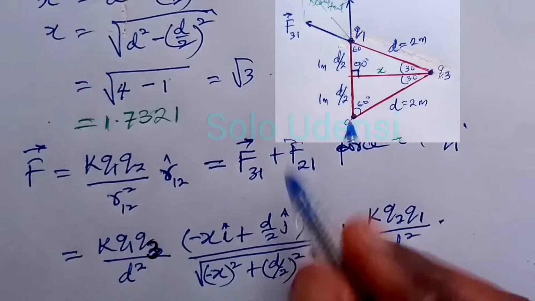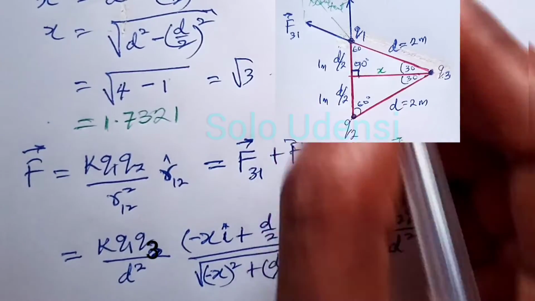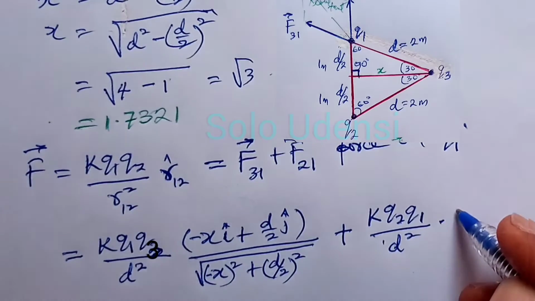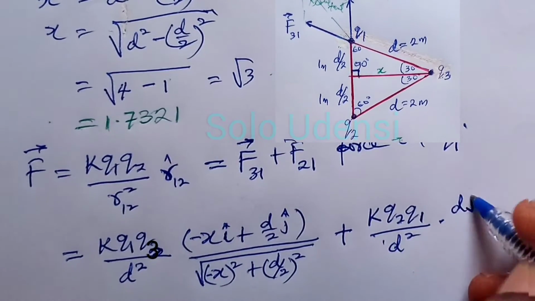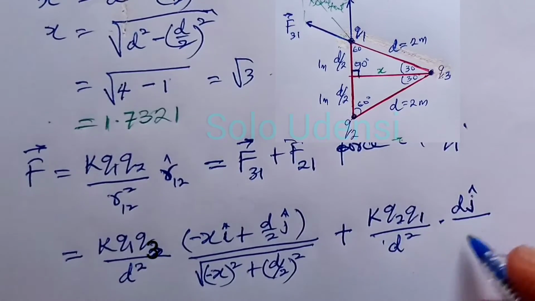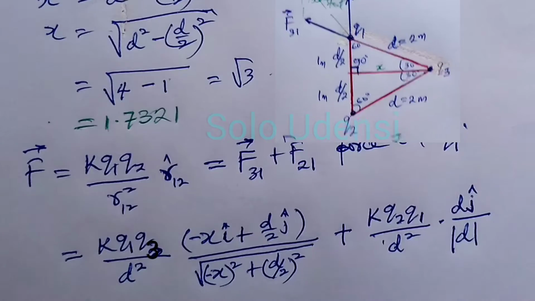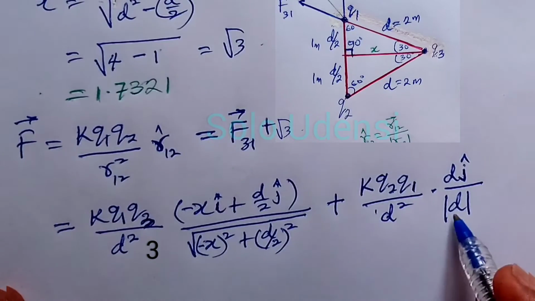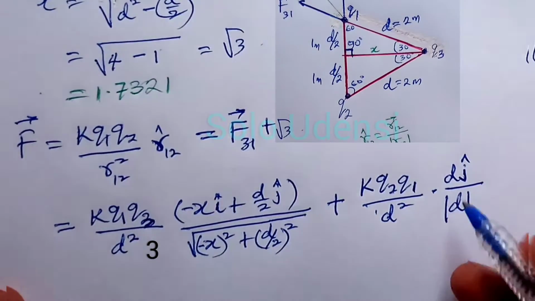So the unit vector for this one is just straight along the y-axis, and the vector is d j hat all over the magnitude d, since the square root of d squared is d.